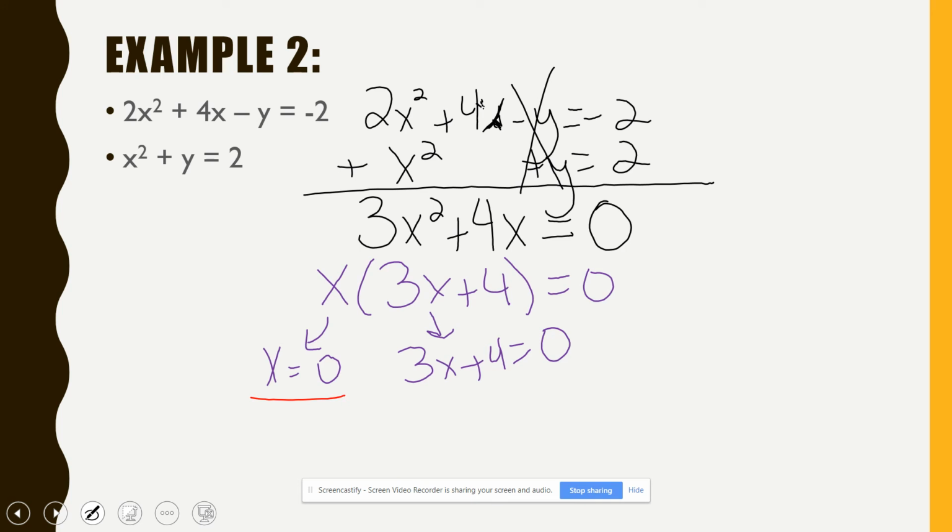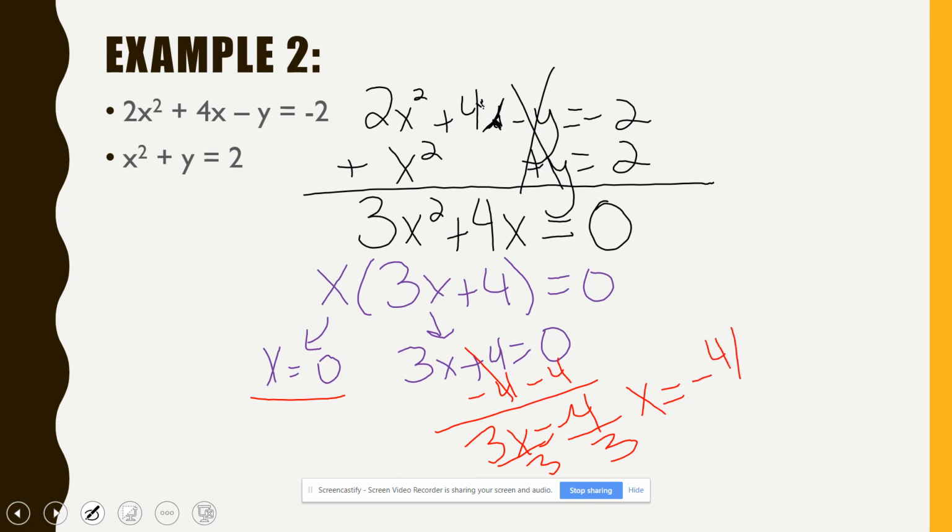This one on the left is done. It's already solved. The one on the right, we'll subtract 4. 3x is equal to negative 4. And then divide by 3. And we get x is equal to negative 4 thirds.